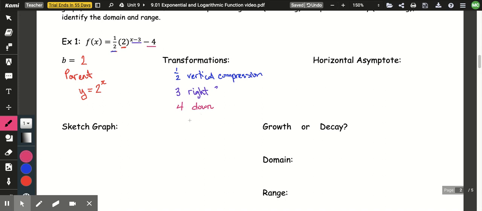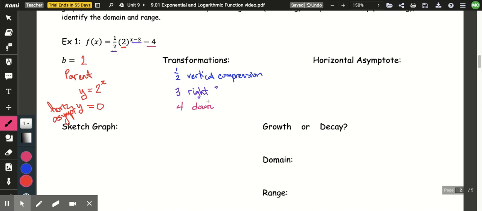All right, so let's figure out where the horizontal asymptote is on this one. On the parent function, your horizontal asymptote is at y equals 0. So if I take that line y equals 0 and I compress it vertically by a factor of 1/2, that's not going to change it at all because that's multiplying the y value by a half. 0 times a half is still 0.